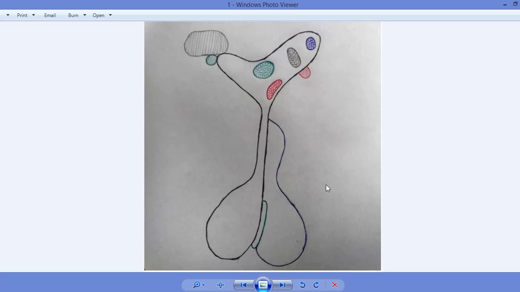Now coming to the detail of pituitary gland. The anterior pituitary gland is also called adenohypophysis, while the posterior pituitary gland is also called neurohypophysis. The anterior pituitary gland is the part of endocrine system, while the posterior pituitary gland is a part of neural system. The posterior pituitary gland is considered as the part of the brain, while the anterior pituitary gland is considered as the part of the endocrine system.